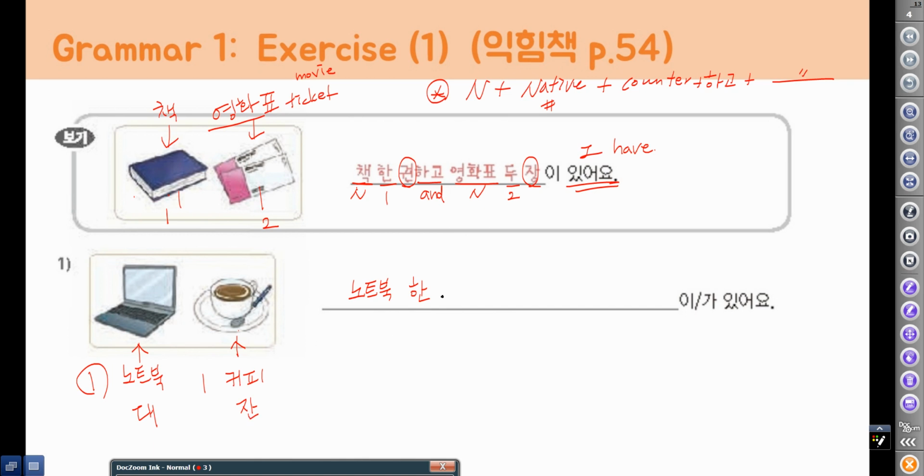So 노트북 한 대하고 커피 한 잔. Which one does it end with? It ends with a consonant. So 이 있어요. 노트북 한 대하고 커피 한 잔이 있어요.